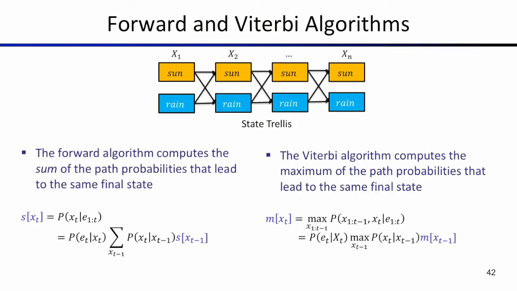And although the forward and the Viterbi algorithms sound very different, in the end they are very similar to each other, and we can compare both here. The main difference is that in the forward algorithm, I'm doing the summations to eliminate the variables in a certain order.